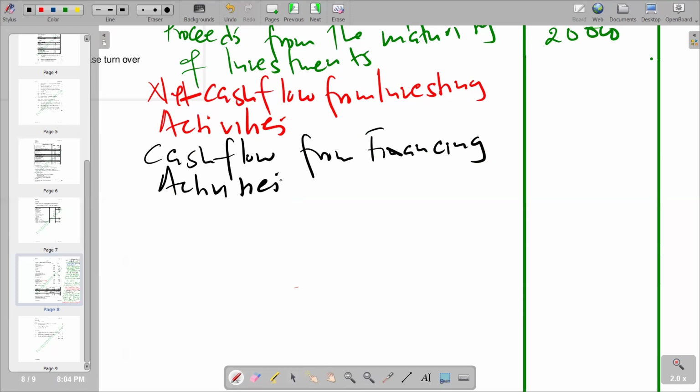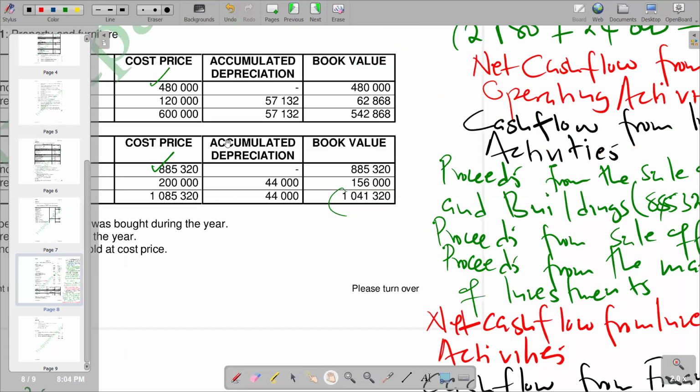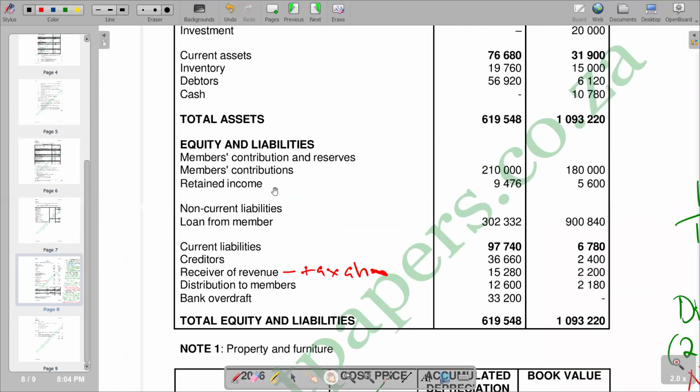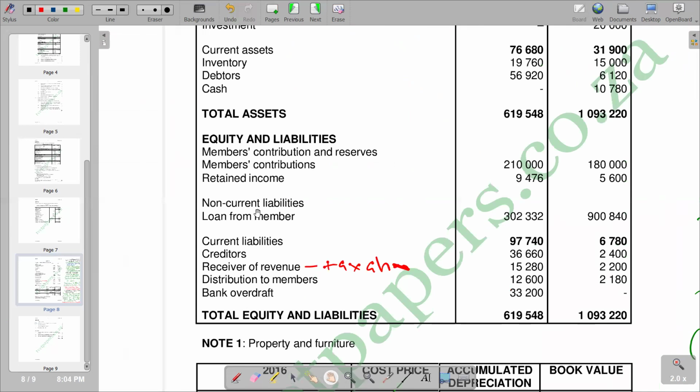So we go and try to see in terms of our statement of financial position. That's where we're going to identify those elements. We go under long-term liabilities and other equity and liabilities section, and that's where we're going to find our members' contribution and see that there's an addition. Remember, this is 2015, this is 2016, so it increased from 180,000 to 210,000.